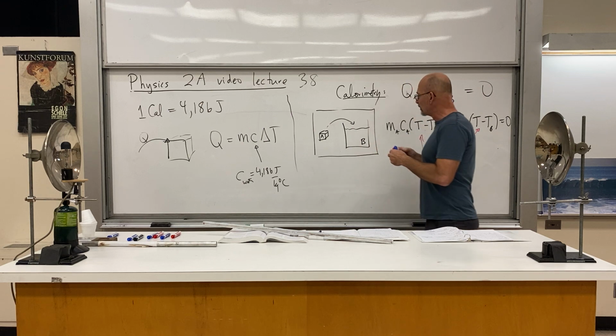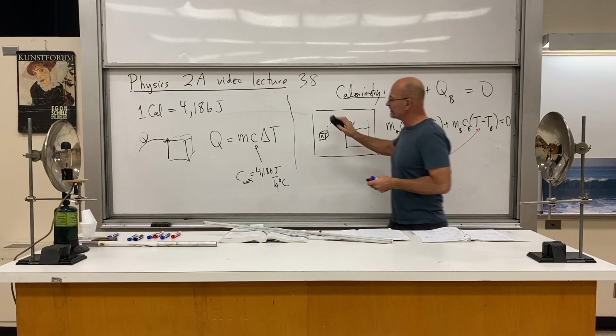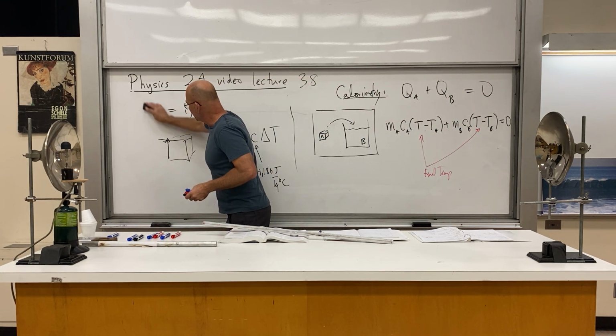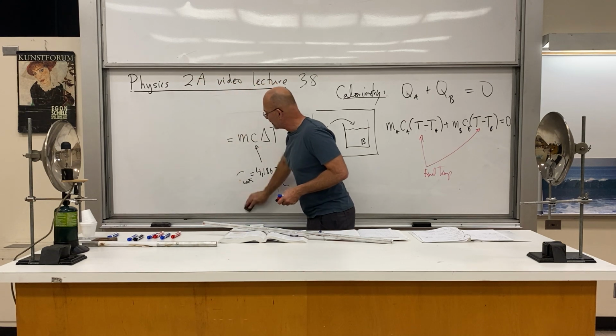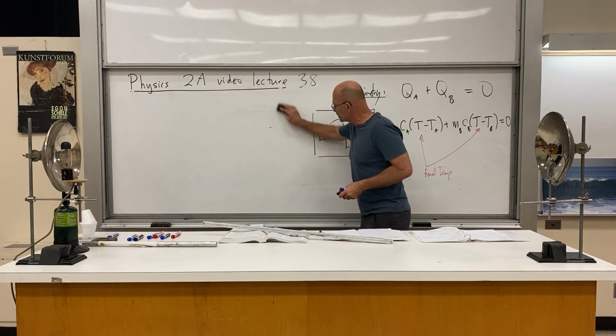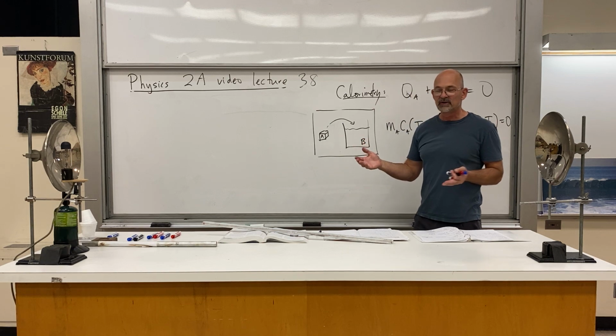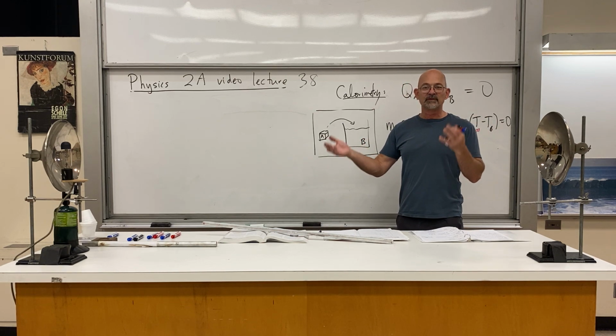And the simple version of the calorimetry problem, the kind of thing we can do on a quiz, is if you mix water, two different waters at two different temperatures.